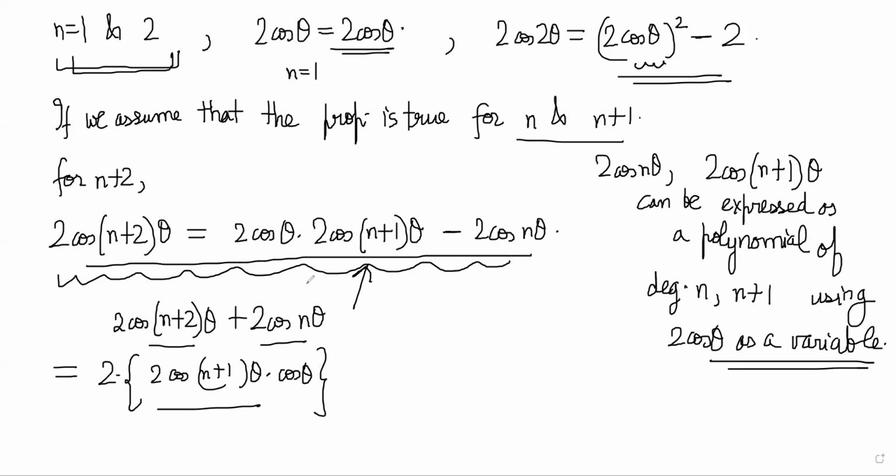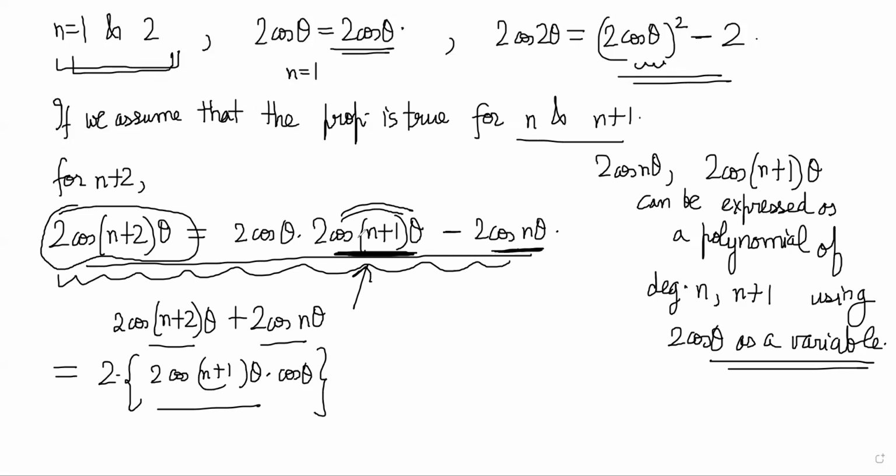And now, because we know that this can be expressed as a polynomial in 2 cos theta as a variable, and this can also be expressed as a polynomial with 2 cos theta as a variable, we are guaranteed that the overall expression here can be expressed as a polynomial with 2 cos theta as a variable, right? So I have proved my proposition.